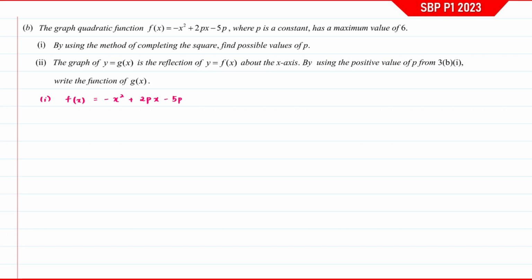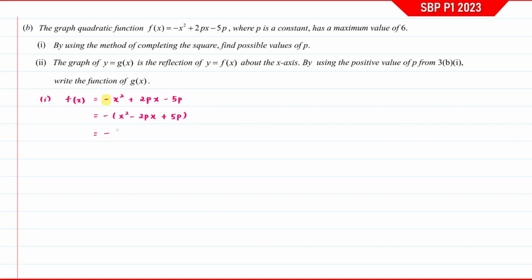So here we always need to make sure the coefficient of x squared, which is the a, is equal to positive 1. As the a for this question is negative 1, the first step will be to factorize. So negative bracket x squared minus 2px plus 5p.